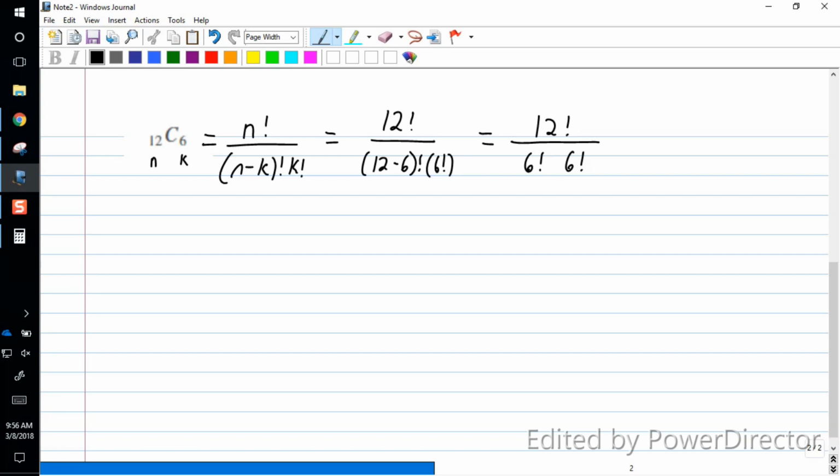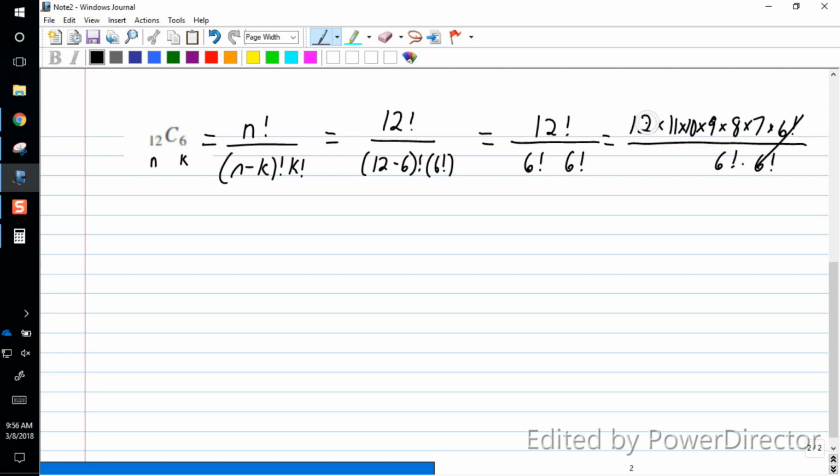Working this one out by hand is going to take a little longer than the previous problem, because I'm going to count down all the way to 6 factorial. So I have to write all these numbers that come before 6. I'm going to stop at 6 factorial. In the denominator I have 6 factorial times 6 factorial, so I can cancel one of those out.